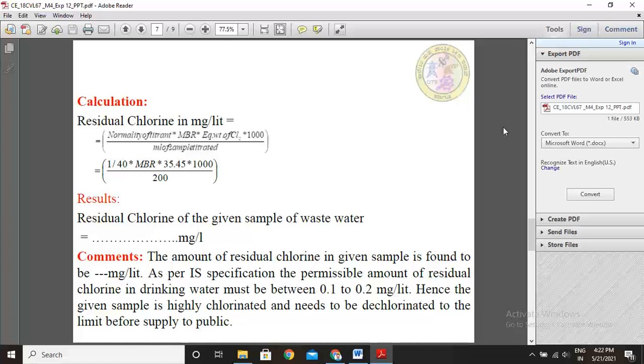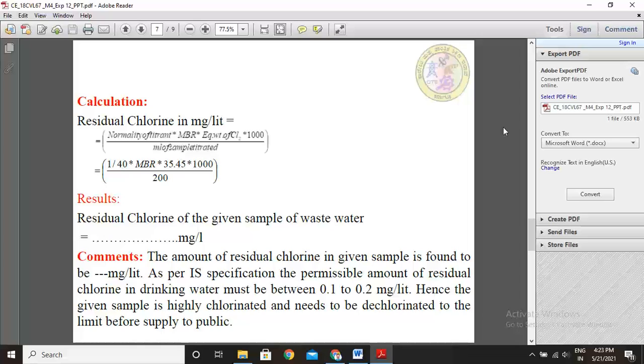Based on the results, now you write the comments. I have written one comment based on the results. The amount of residual chlorine in the given sample is found to be this much milligram per liter. As per IS specification, the permissible amount of residual chlorine in drinking water must be between 0.1 to 0.2 milligram per liter.